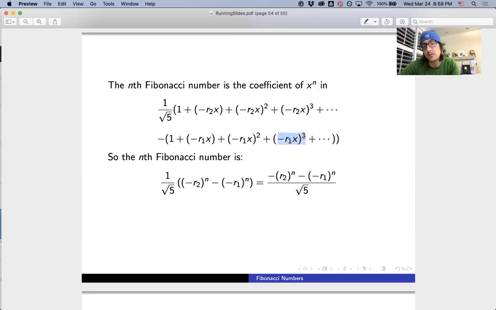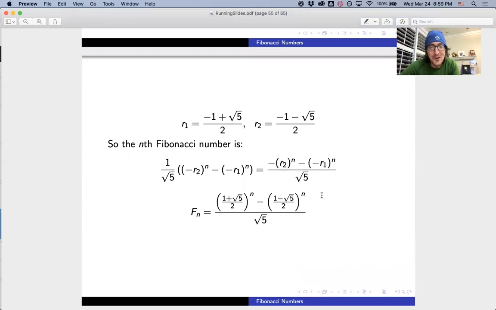Well, it would be the term with the nth power, so it'd be negative r1 to the n. I have to subtract them because I've got a minus sign, and I've got to divide by the square root of 5 because that was in my formula. And so this tells me that the nth Fibonacci number is equal to this formula here.